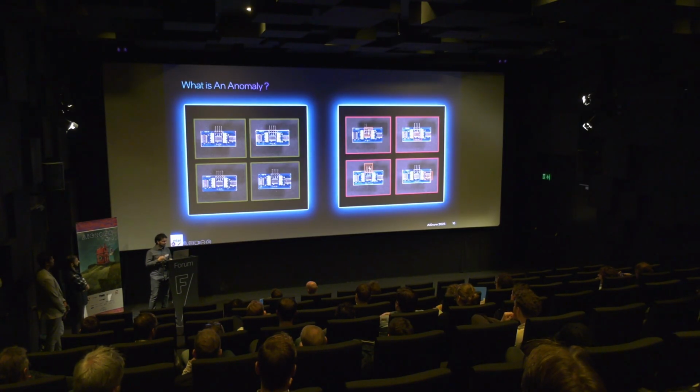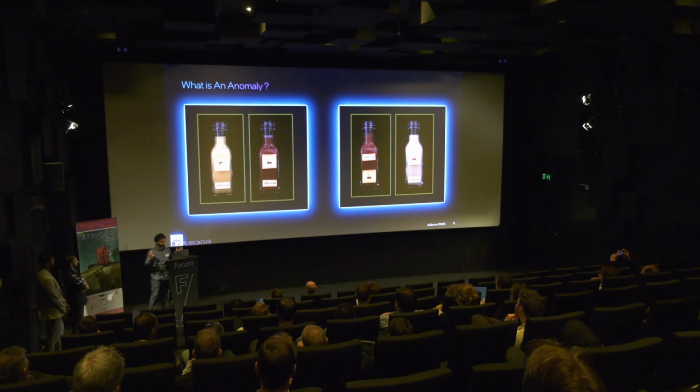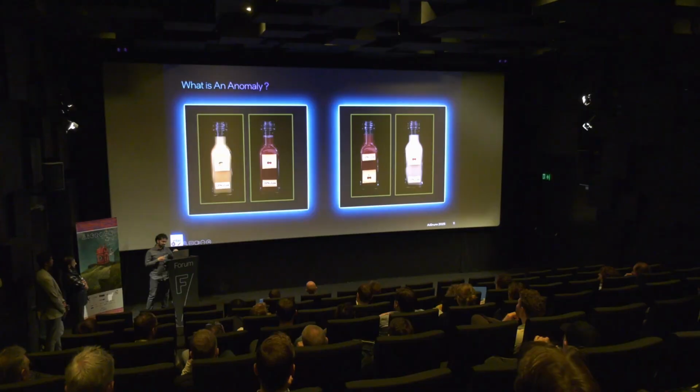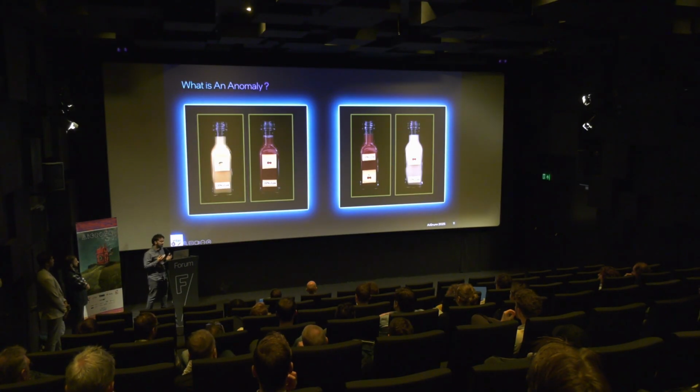For example, if you have another industry which is making juice bottles, what do you consider as normal? Would stickers that are printed in reverse order count as an anomaly, or would it be fine, up to you? So there are two types of anomalies.